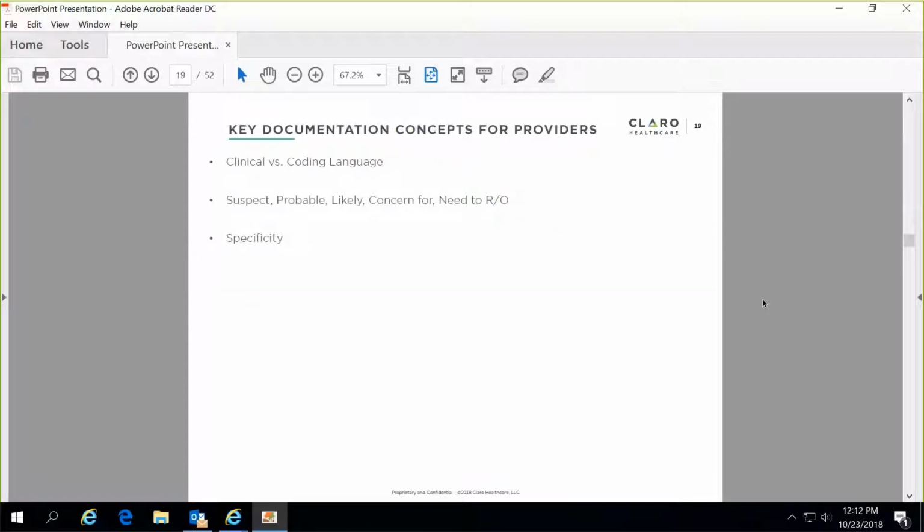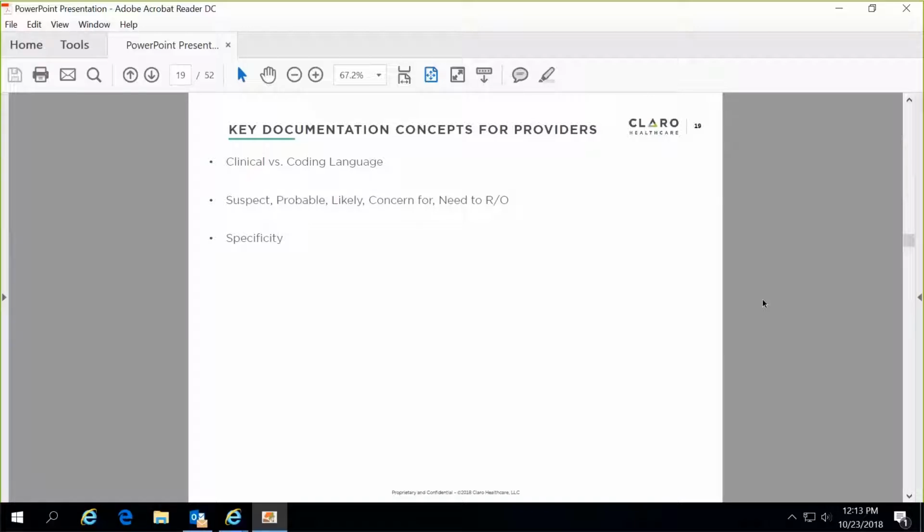So these are our key documentation concepts. Clinical versus coding language, we know that gap, and suspect, probable, likely, concern for, using those terms on the inpatient side. Even in the ED, we talk with the ED physician, in their differential, we know that they are very concerned about their pro-fee billing, and in the outpatient setting they can only bill for certain conditions. If it's abdominal pain, they can't guess and bill for a suspected appendicitis.